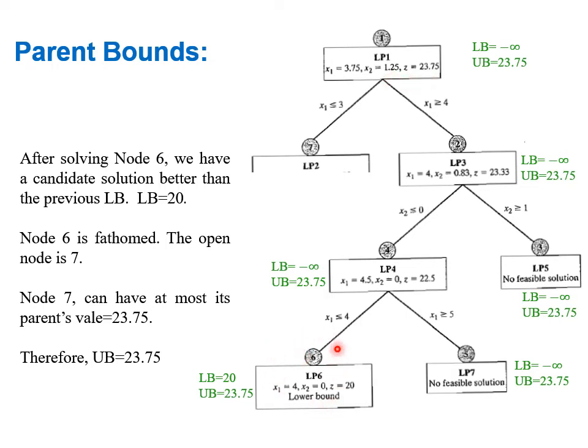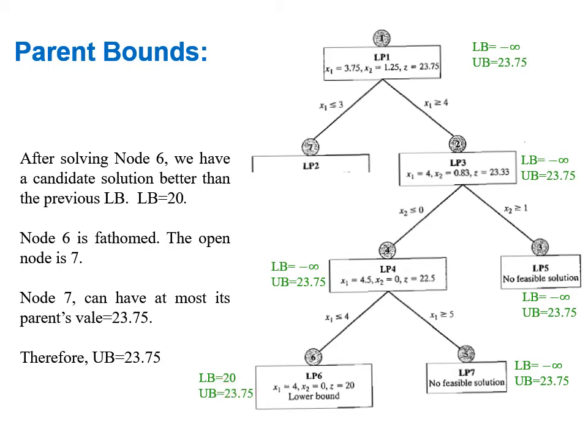Then, after solving node 6, we know that the lower bound of this problem is 20, and the upper bound of this problem is 23.75. Look, this is very important. The branch and bound is not completed yet. But we already have an integer solution, which is 20.